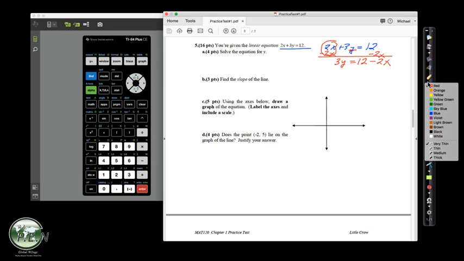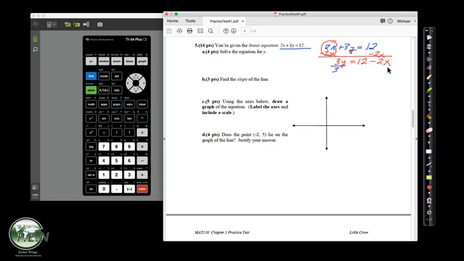Our next step will be to get the y by itself. Since we're multiplying by 3, we divide by 3. And on the other side, we're going to distribute the 3 to both parts, so divide both by 3. Cancels out.